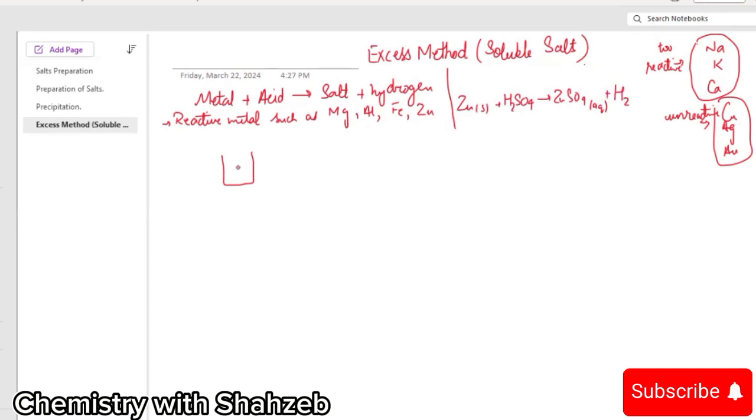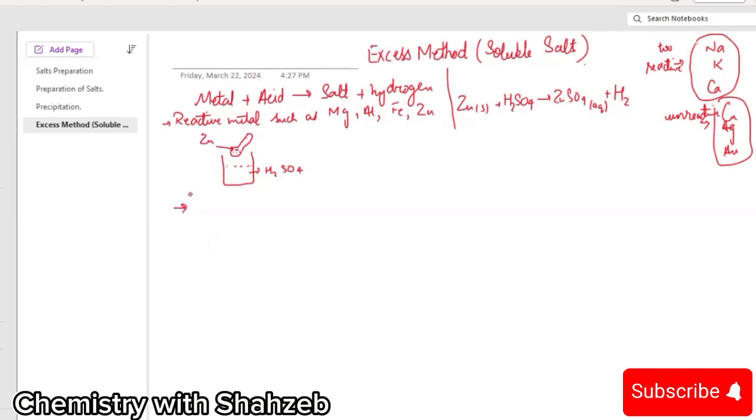First, we are going to take this sulfuric acid, and then add the spoon of zinc in it. It would dissolve, and a gas of hydrogen would be produced. We will continue adding zinc until it starts to settle at the bottom.